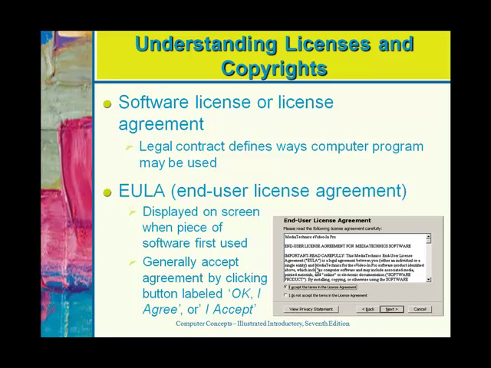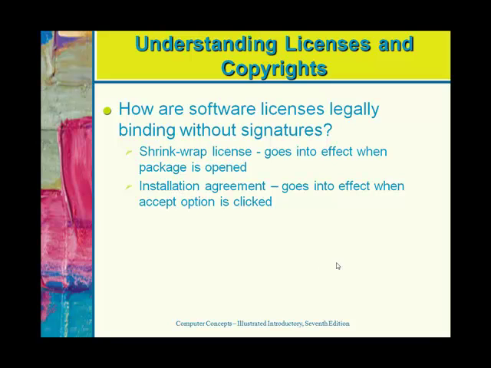And it tells you specifically what you can and cannot do with the software. A shrink wrap license is one where as soon as you open the box, the license goes into effect. And the other type is an installation agreement, where the license goes into effect when you actually install the software.